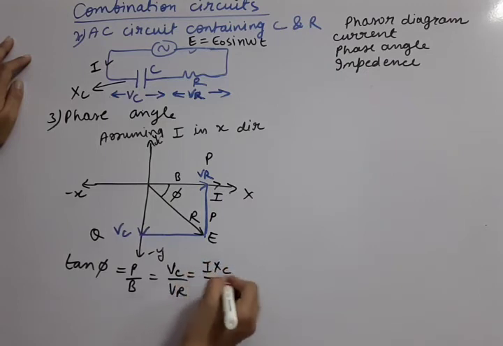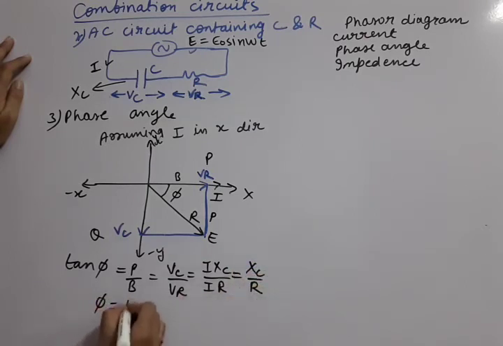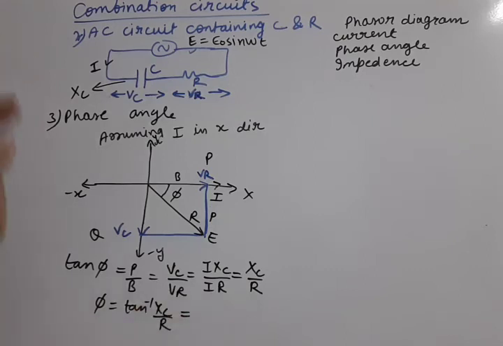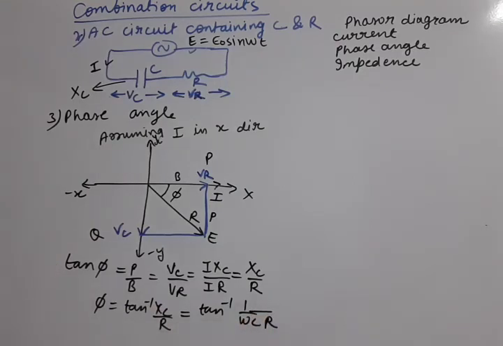VC is I XC, VR is I R. I cancels, leaving XC by R. So phi is tan inverse XC by R. And you already know that XC is 1 upon omega C. So it is tan inverse of 1 upon omega C R.